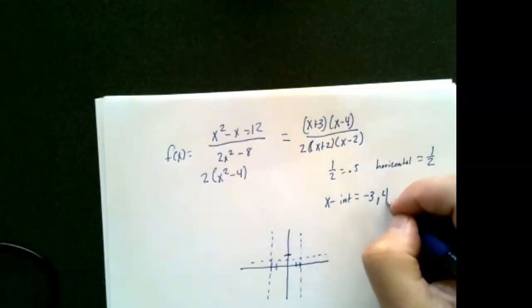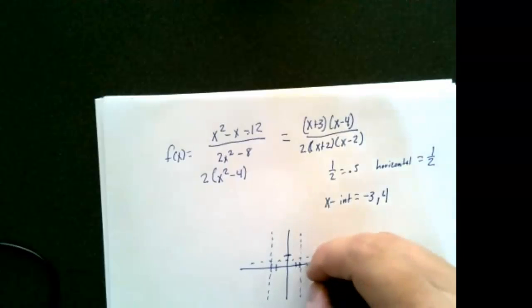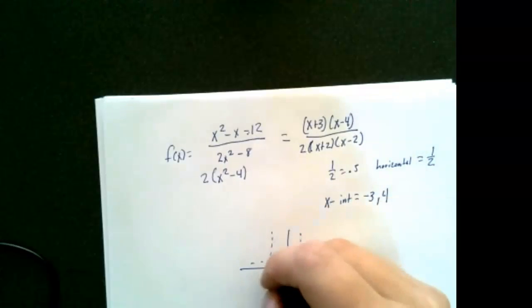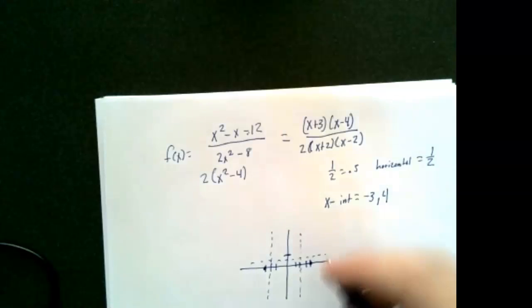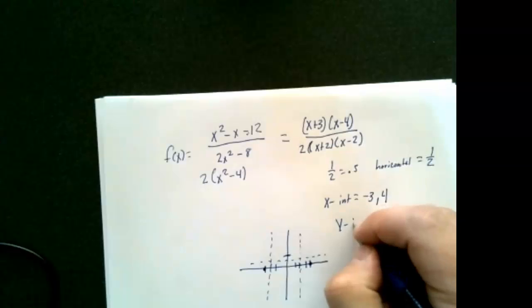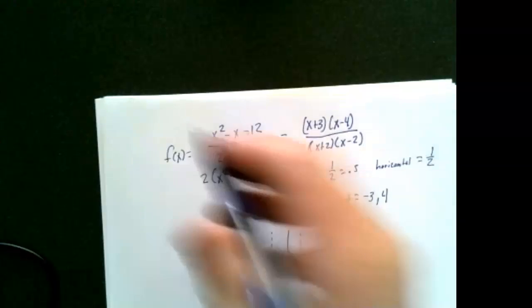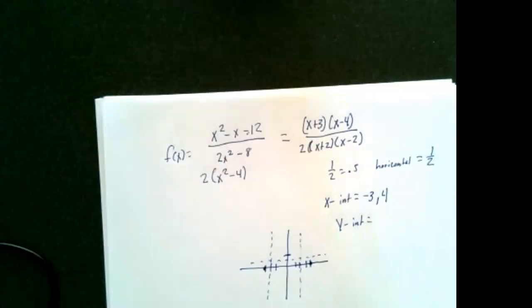Once again, using the zero product property. Okay, so now our y-intercept. Once again, that requires you to plug in 0.